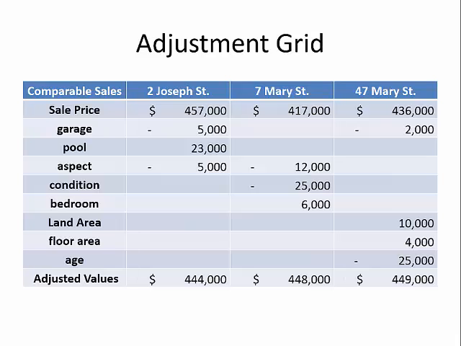Even if the valuer is quite experienced, that may not have been the way the buyer of, let's say, 7 Mary Street behaved when they allocated value to the aspect. We've got $12,000 on aspect for Mary Street, and $5,000 on Joseph Street. They were different buyers, and they might have been thinking different things. However, that's about the closest we can get to a sensible answer.